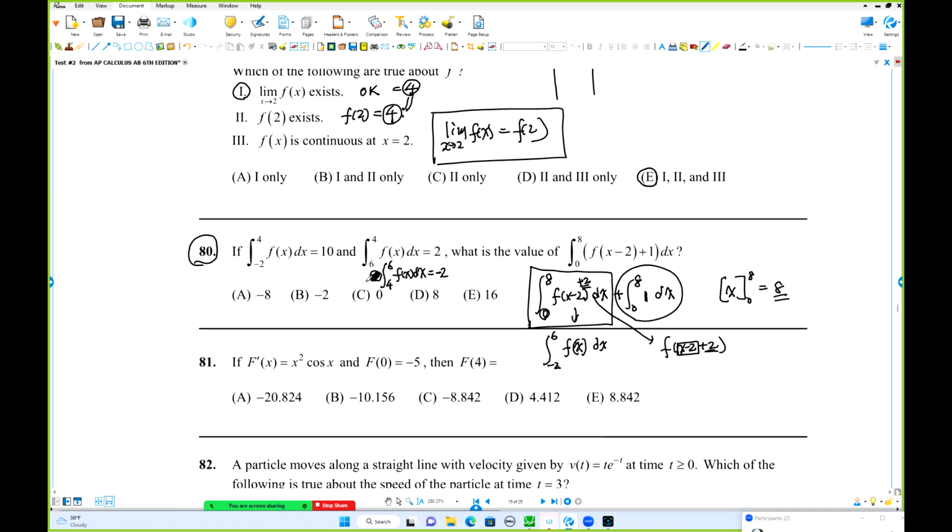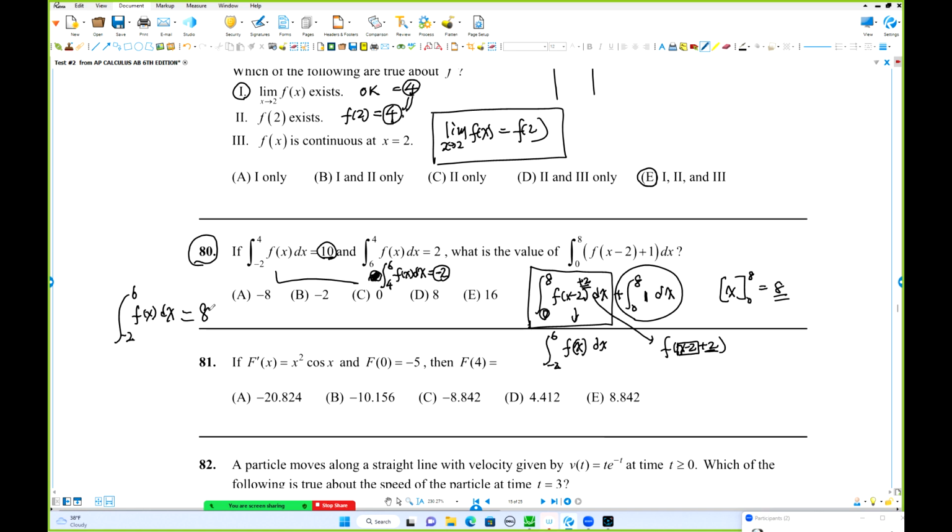So we got to stay over here. Negative 2 to 4 is 10, and continuing, 4 to 6 is negative 2. All together, put it together over here. Negative 2 to 6, the integral of f of x is how much? You can add these two, right? 10 plus negative 2 is how much? 8, isn't it? Okay, that is 8.